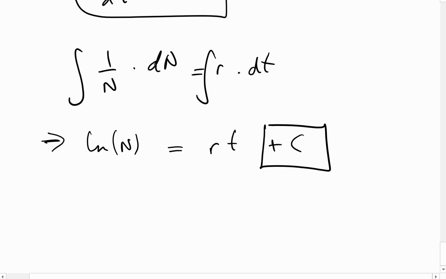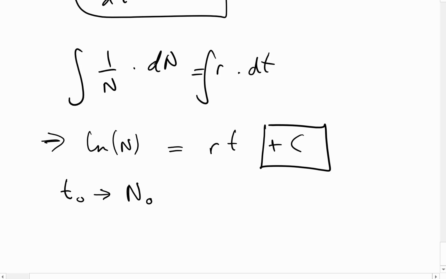What is this constant of integration? We know what n is, that's just our population. We know what r is, that's our growth rate. And we know what t is, that's just time. So what is c? What is the constant of integration? And that's normally given by some initial conditions. The initial condition which we normally know is what is the population at the beginning of our system. So in other words, at time zero, what is our population?